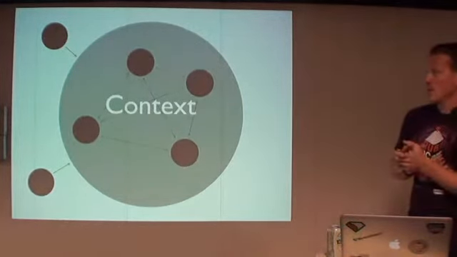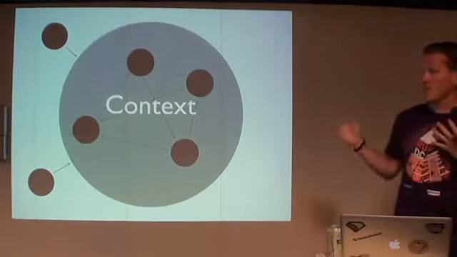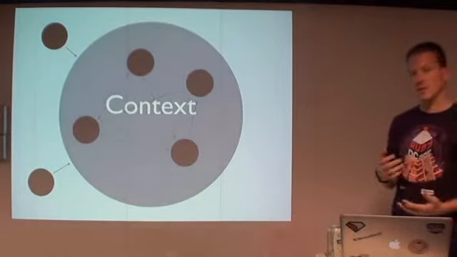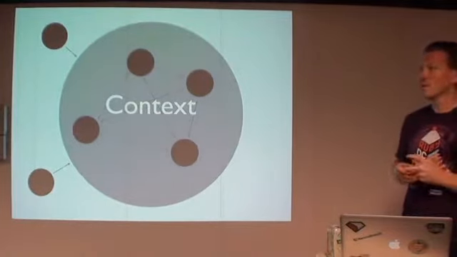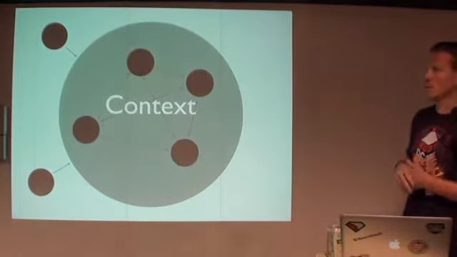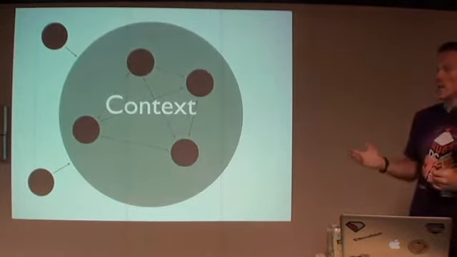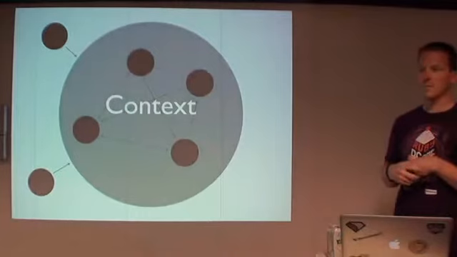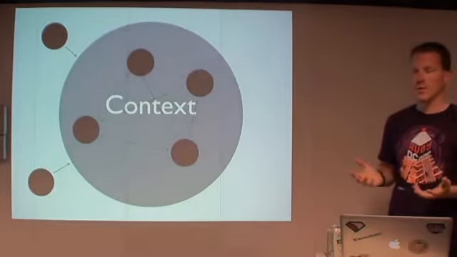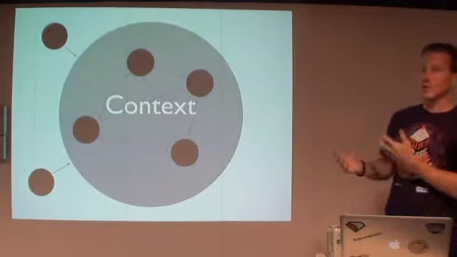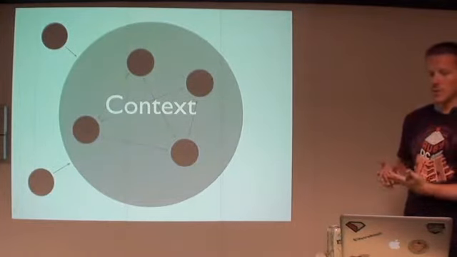There are things that happen outside of here that may have knowledge of the existence of this context, but we don't leak any of that outside. So these objects out on the left here don't know anything about what's happening inside the context. The context has its own interface. It has information about maybe its state.